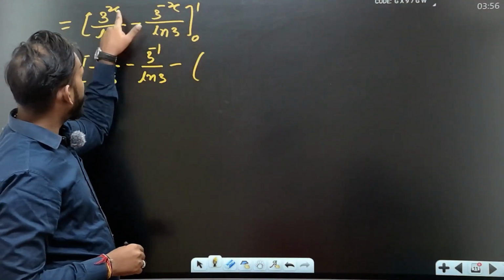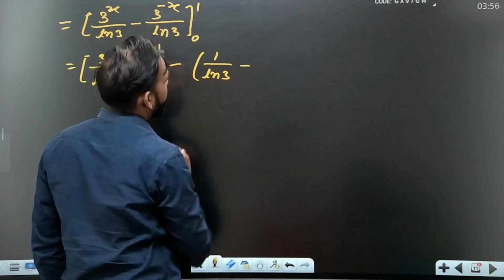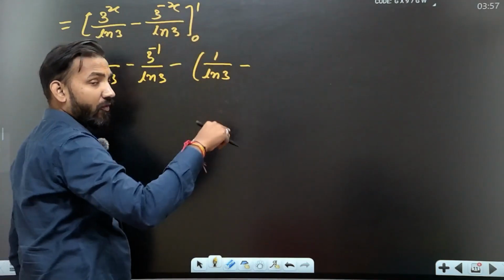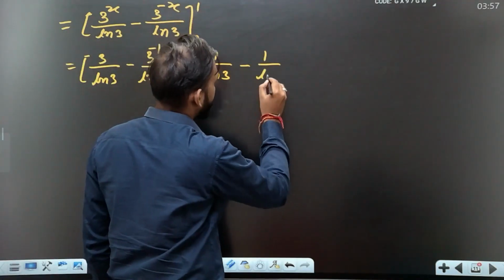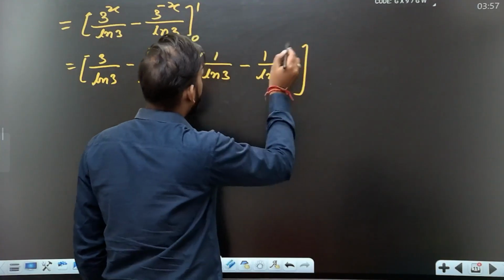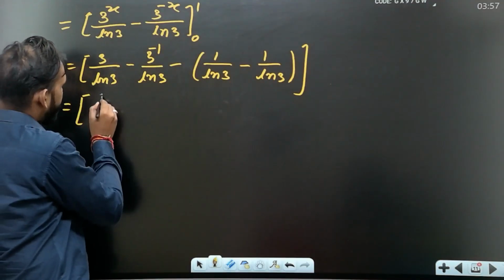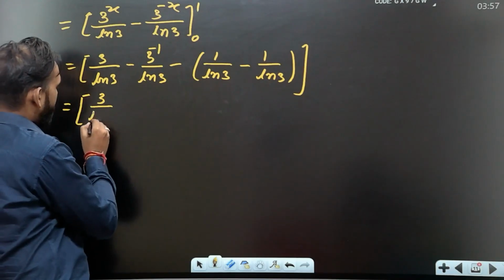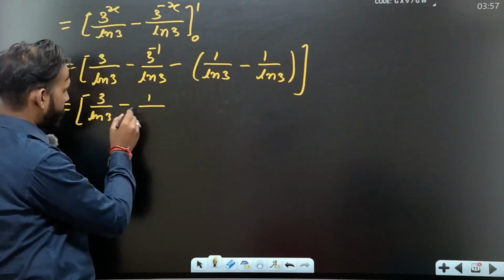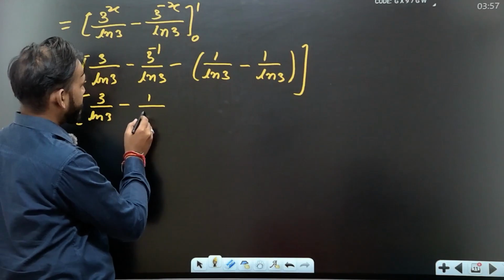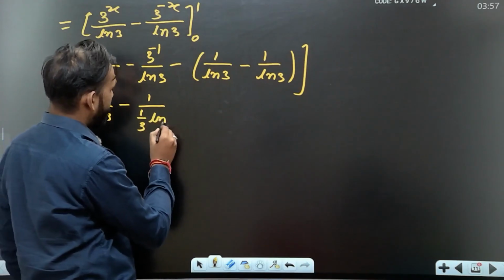Now we put 0 here. 3 to the power 0 is 1, 1 over ln 3 minus 3 to the power minus 0, it is also 0, and 3 to the power 0 is 1, then we get this thing is ln 3, and ln 3 will cancel out, therefore this thing is 0, and we get here 3 over ln 3 minus 1 over 3 ln 3.